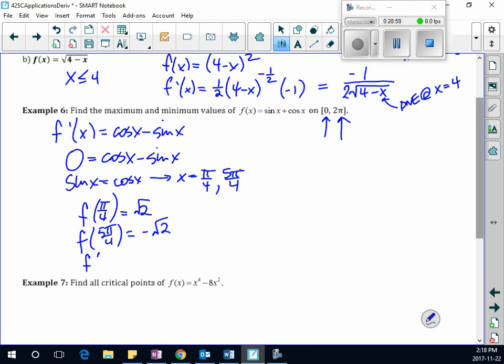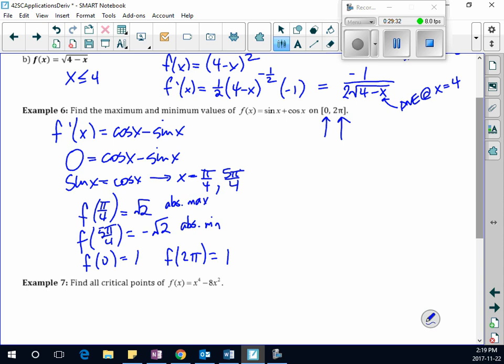F of 0 is 1, and f of 2 pi is 1 as well. So what does that mean? Well, we got a minimum. Now this is a closed interval, so we can actually say it's absolute, right? So absolute min is here. And what's bigger, root 2 or 1? Root 2. So this would be an absolute max.